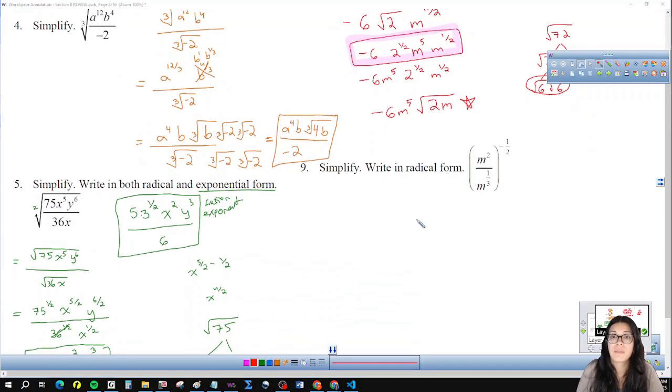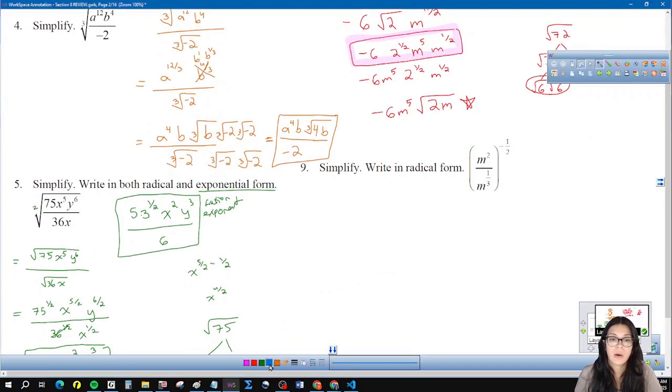Right. Next up, we have number 9. Now, on number 9, we do have this power -1/2, which is outside of the parentheses. So that means that the numerator, m to the power 2, also has the power of -1/2, and the denominator, m to the power 1/3, also has the power -1/2.